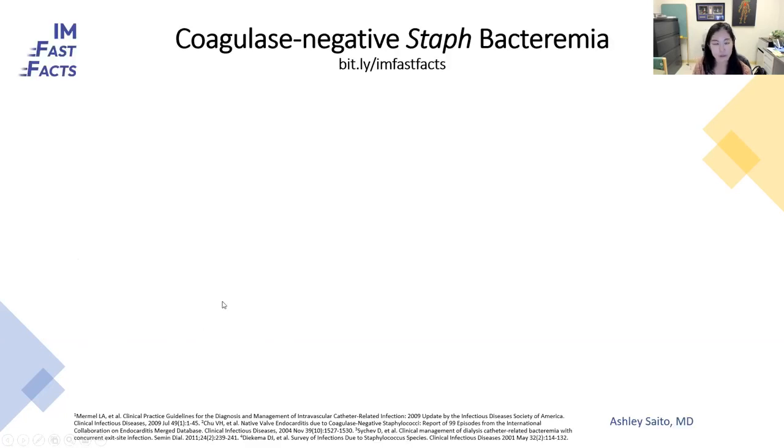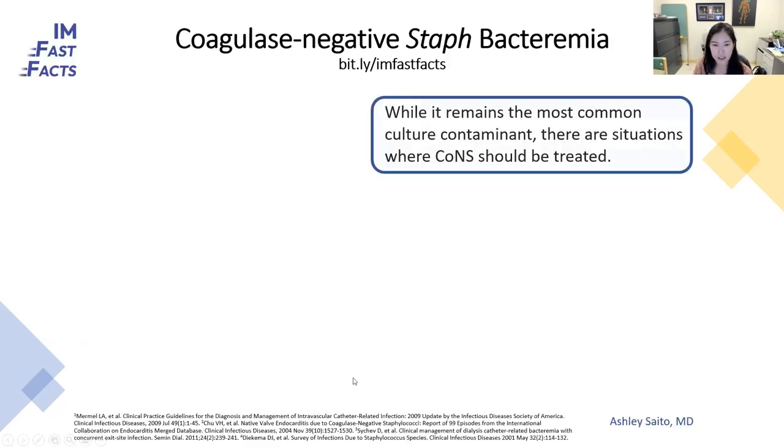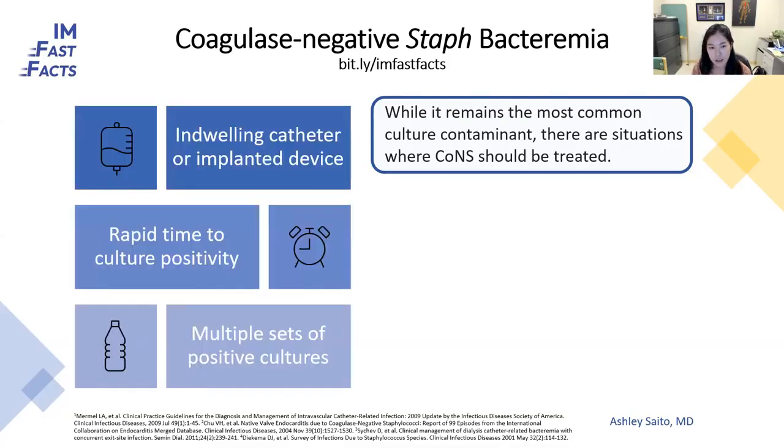So just recapping what we've learned so far today, remember that while coag-negative staph is the most common culture contaminant, there are situations where it should be treated. Some of those situations include your patients with indwelling catheters, implanted devices, patients with cultures that rapidly turn positive, or patients with multiple sets of positive cultures.